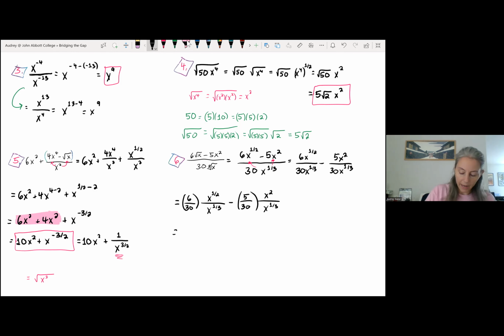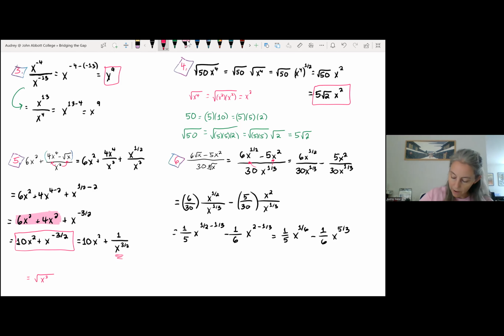Now I'll apply my exponent rules, but at the same time, I'm going to simplify my fractions. 6 divided by 30 is 5, so 6 over 30 is 1/5, x to the 1/2 minus 1/3. Then 30 divided by 5 is 6, so this is 1/6, x to the 2 minus 1/3, giving me 1/5 x to the 1/6 minus 1/6 x to the 5/3.